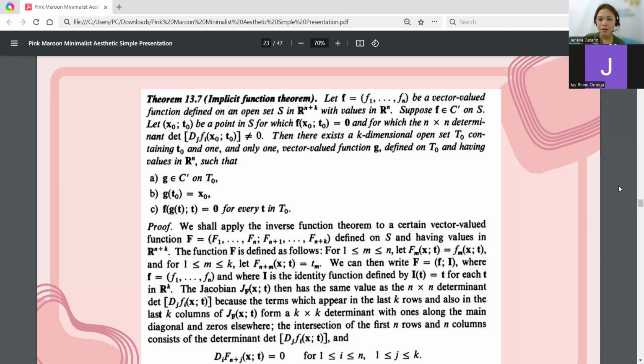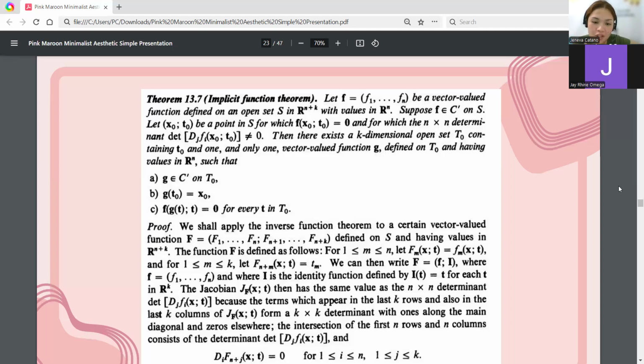We can then write F equals (f, I), where f equals (f sub 1 up to f sub n) and where I is the identity function defined by I of t equals t for each t in R to the power of k.